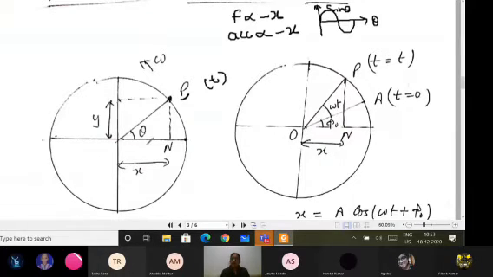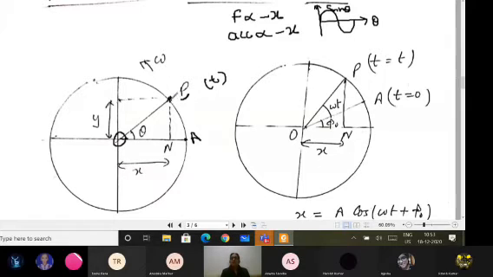Then you can see what will be the phase difference. If I start from A and come back to A, then what is the angle turned at the center of the circle? That is 2 pi. So once it completes one circular path, the phase or the angle it moved is 2 pi. This is clear at the center.